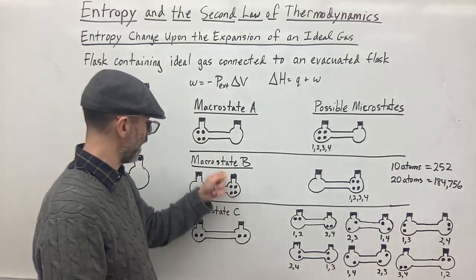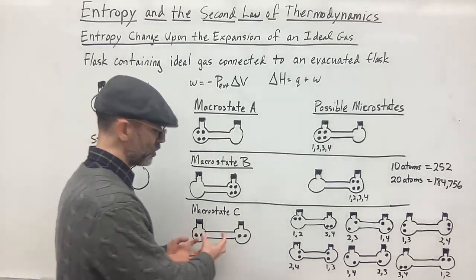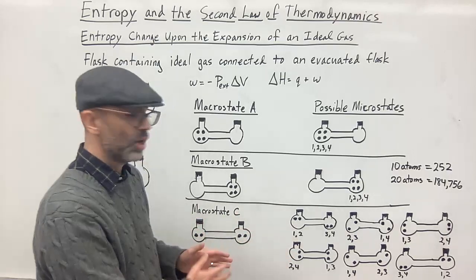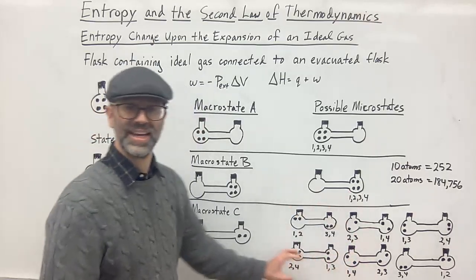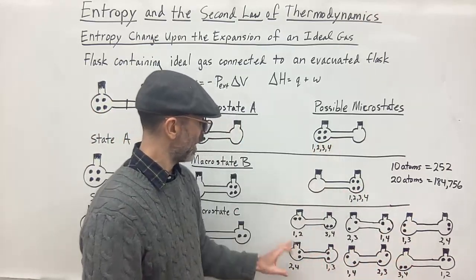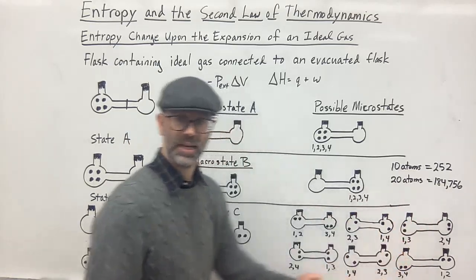Between these macro states and this macro state here, the energy of the particles is dispersed throughout the tube. So it's more dispersal of energy here in the tube compared to here. And that's also tied to the fact that we have more microstates.